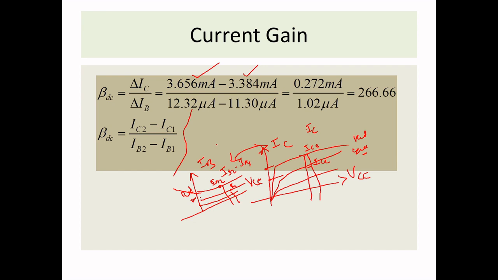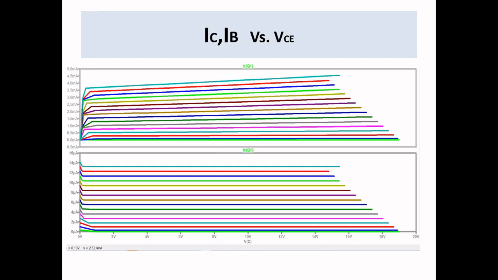Okay, so this is the output graph with respect to IB, IC versus VCE. Okay, so what you understood is the difference of IC2 minus IC1 and the difference of IB2 minus IB1, that gives beta.